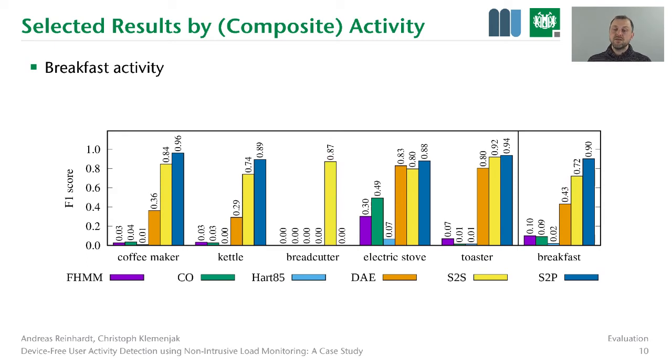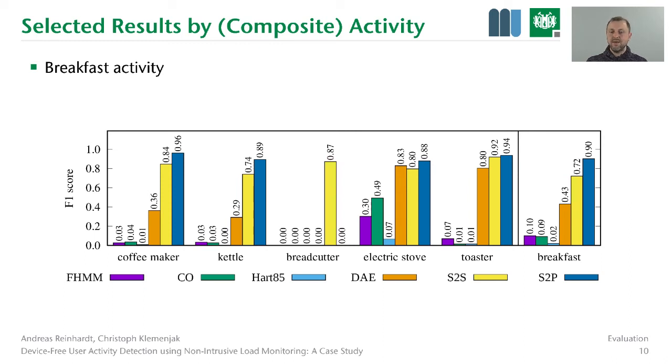But then on the right-hand side, we have the composite activity of preparing breakfast with the corresponding F1 scores along the y-axis. And what we see here is that for some appliances, mainly with the exception of the bread cutter, it's the remaining 4, the sequence to point method actually does a very good job in finding those appliances with F1 scores up to 0.96.